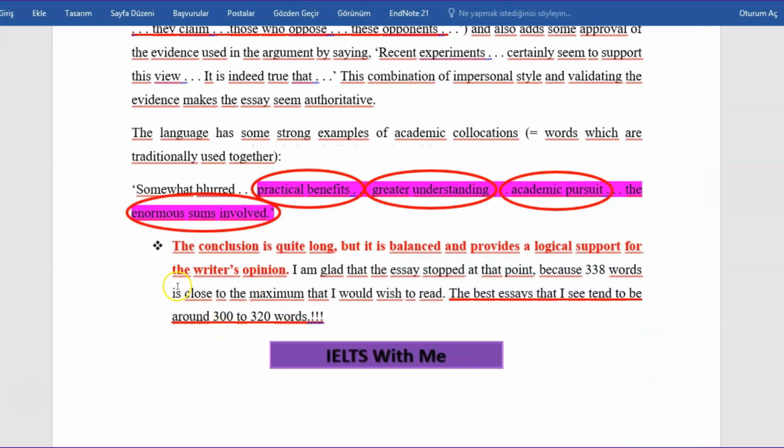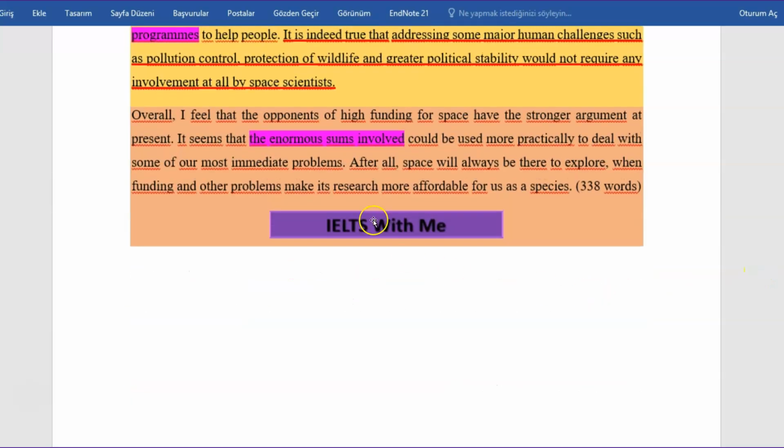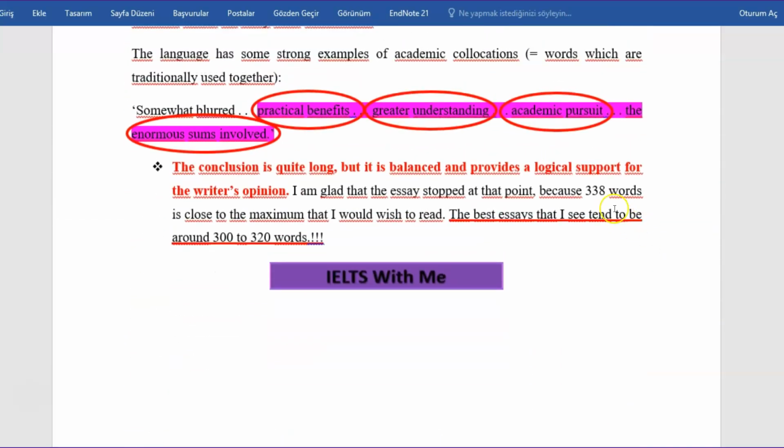And the last point, the conclusion here is pretty long, but it is balanced and provides logical support for the candidate's opinion. Actually, the examiner here is pleased with this essay, because this word count is close to the maximum that he or she wants to read.